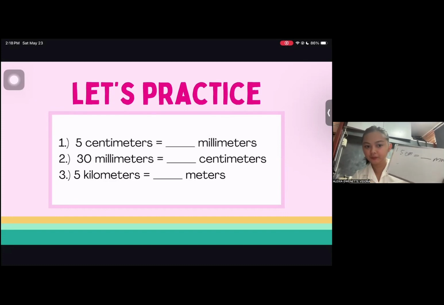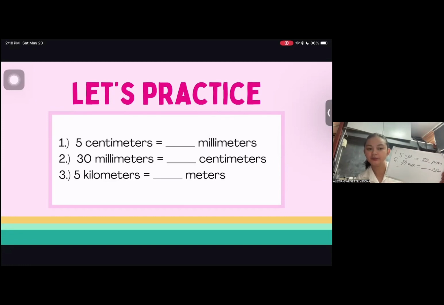Anyone? Correct. 5 times 10 equals 50. So, the answer is 5 centimeters equals 50 millimeters. Now, number 2. 30 millimeters equals blank centimeters.